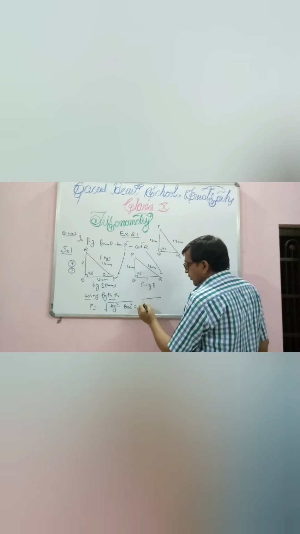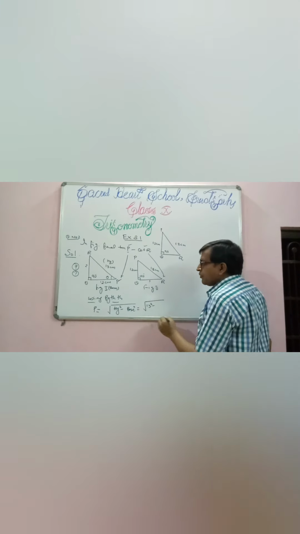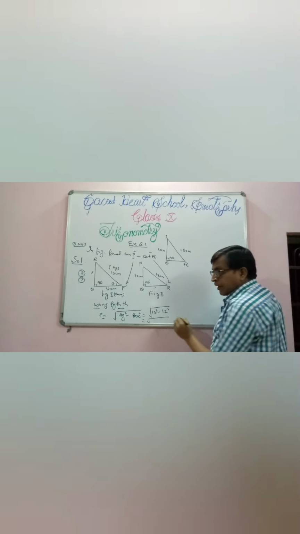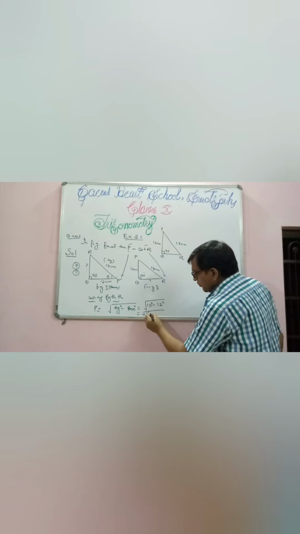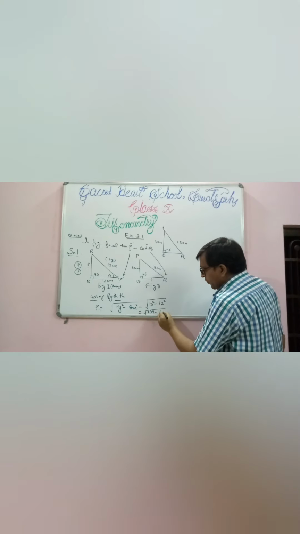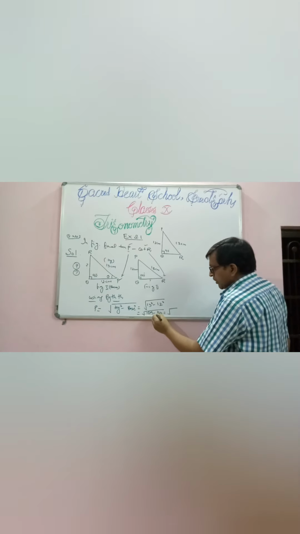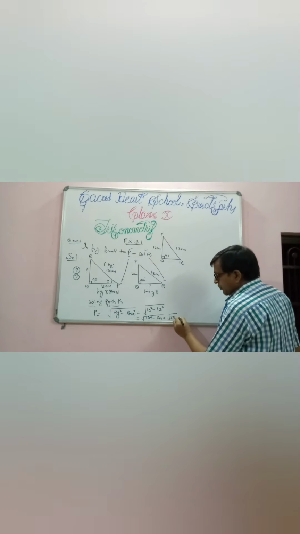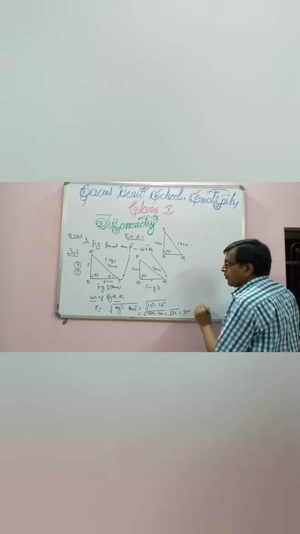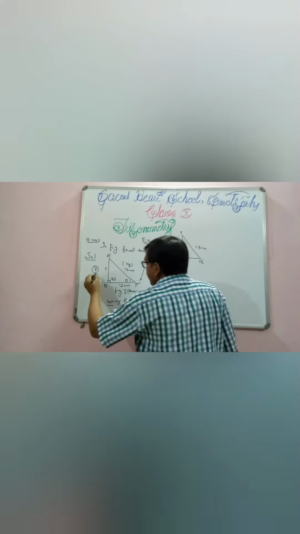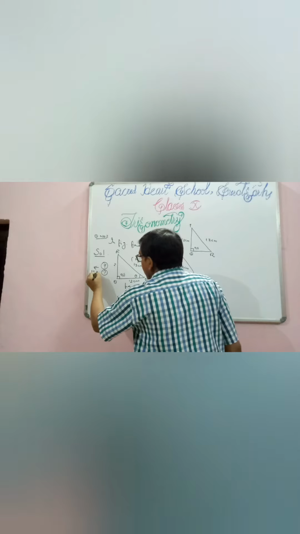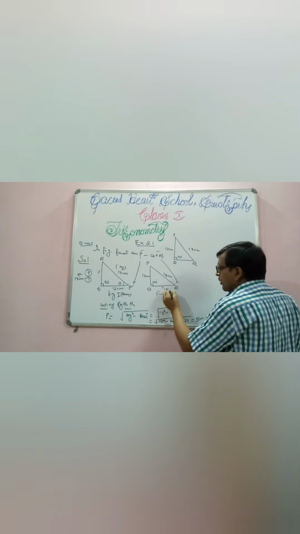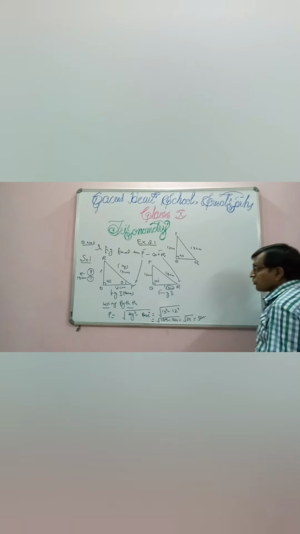Now we take hypotenuse 13 square, base 12 square. 13 square is 169, 12 square is 144. 169 minus 144 is 25. Root 25 is 5 centimeter. Now we write down here 13 centimeter and the third side 5 centimeter.